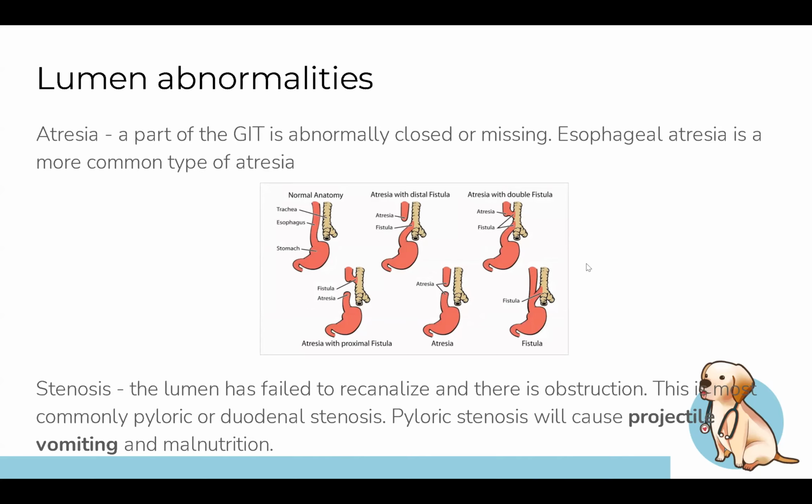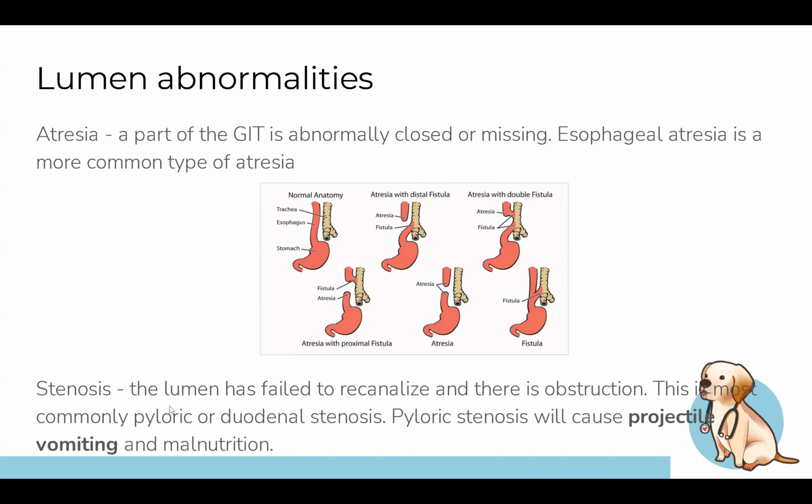And so, as I said earlier, remember that your lumen is occluded because it's growing really, really fast, and we need the hole. So essentially your cells undergo apoptosis, and sometimes that doesn't happen. Okay, so we get stenosis. A very common type of stenosis is called pyloric stenosis.